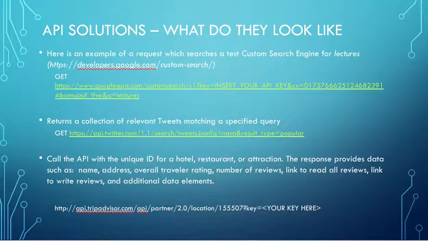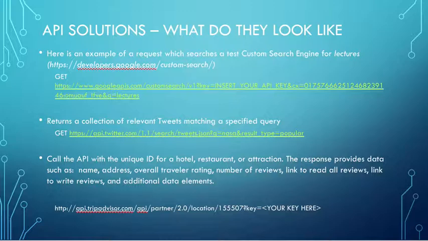In this slide, in the first example we are utilizing the Google search API and trying to search for the keyword lecture, and we will retrieve data using this API.